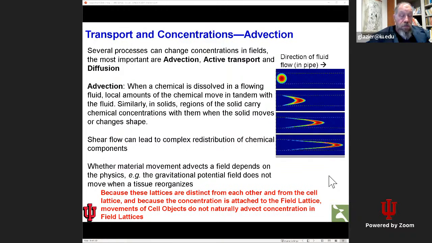You could have active transport of cytoplasm as well. One of the things that we're going to face in Compusal is that the chemical fields are going to live in their own lattice. They're not going to live in the cell lattice. And so when cells move, they don't automatically carry chemical concentration with them. If cells move slowly, that's not a problem.